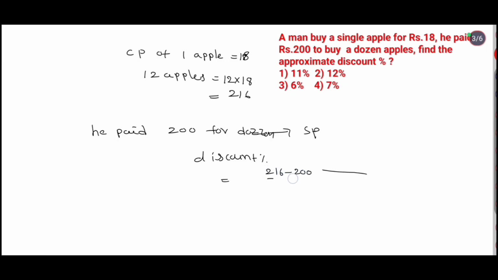216 minus 200 by 216 multiplied by 100. Discount percentage is 16 by 216 multiplied by 100. Simplifying, 200 by 27.